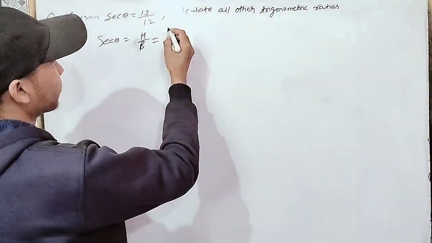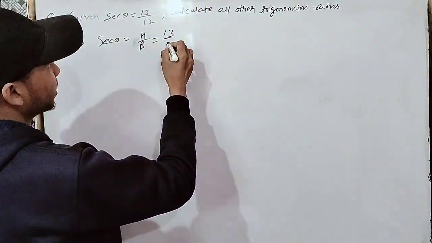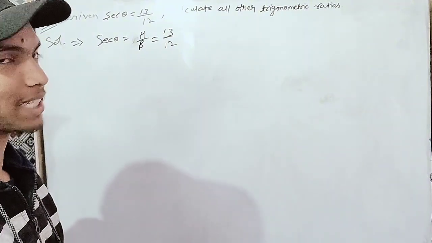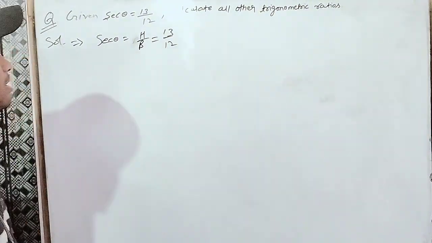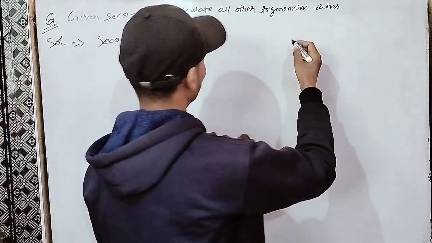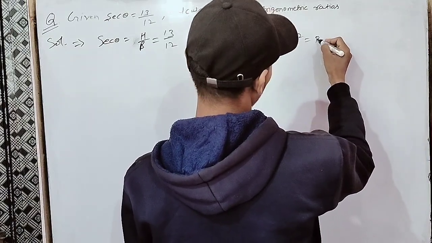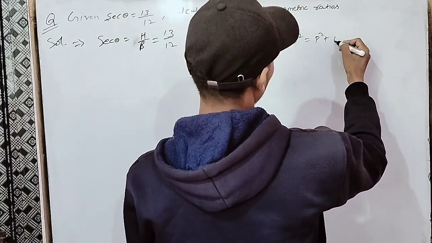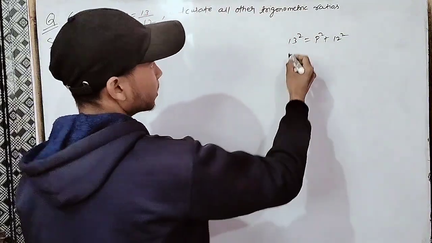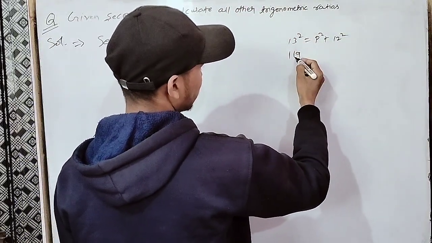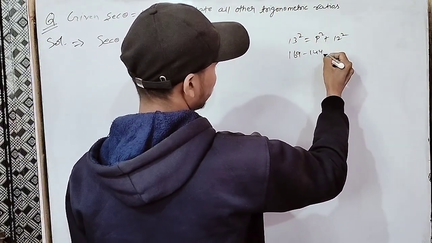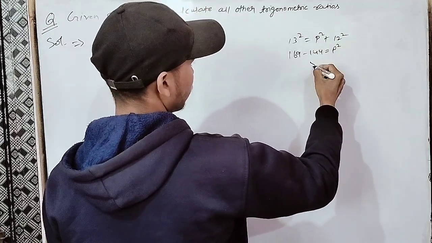So here the value of H is 13 and the value of B is 12. We don't have the value of the perpendicular, so we will use the Pythagoras theorem. 13 square, then we don't know P, 12 square. Clear? 169, am I right? Then 144.